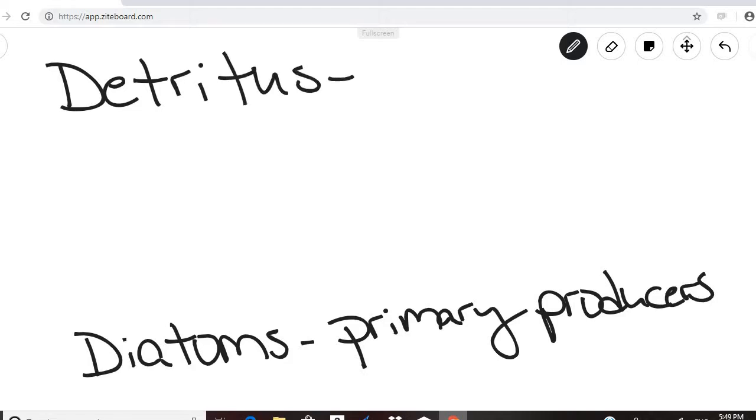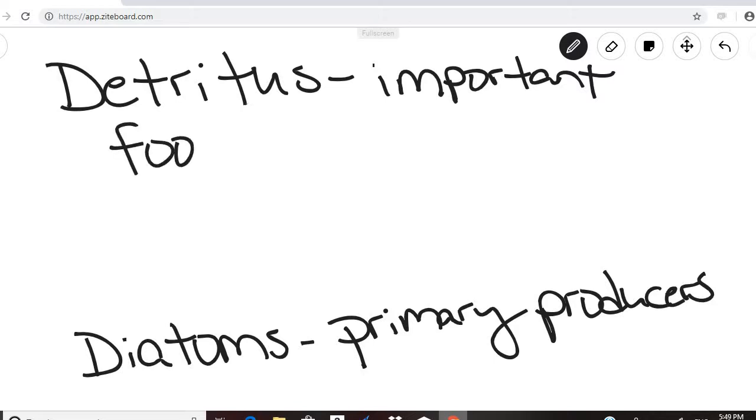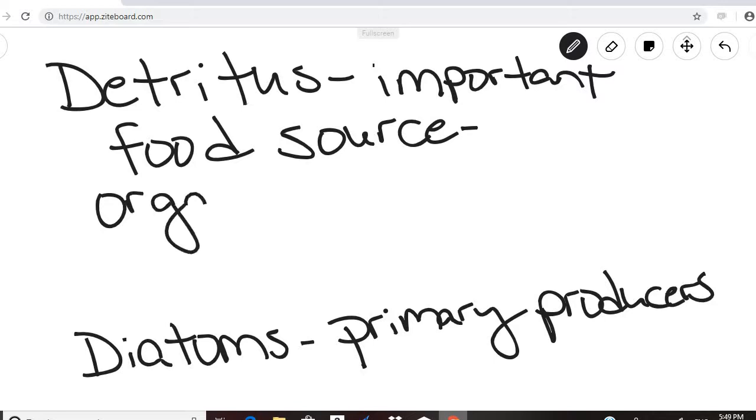And what detritus is, so this is an important food source for the soft bottom where there aren't a lot of plants. What detritus is, is basically organic waste. So that builds up.